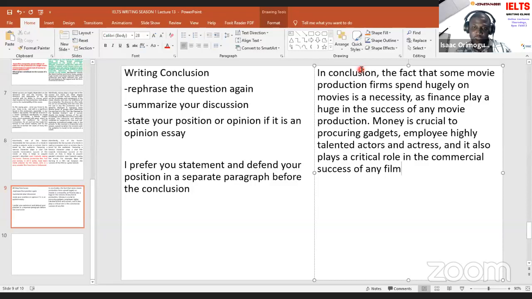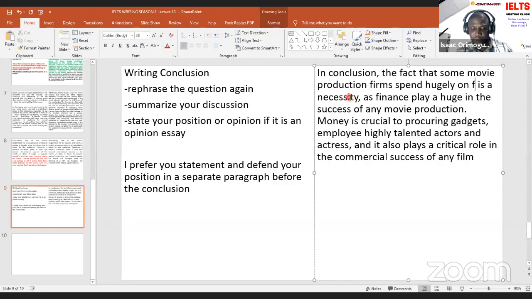In conclusion, the fact that some movie production firms spend hugely on movies, okay, films, let me change this one to films, is a necessity as finance plays a huge role in the success of any movie production.